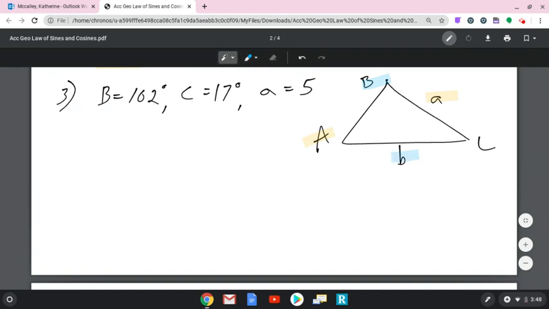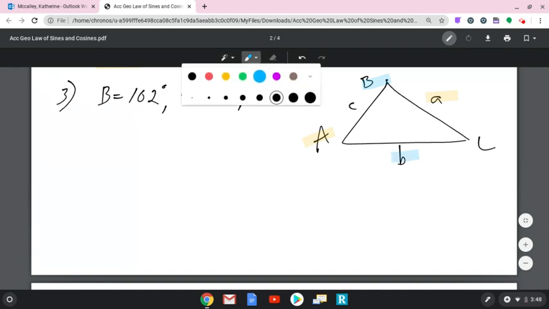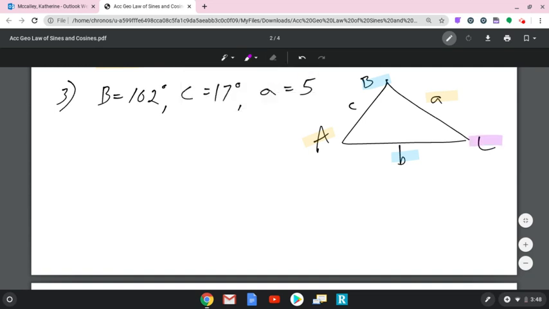Then again, C. Across from big C is little c. That's how you're going to construct your triangles when you are solving using law of sines. So now I can label my parts to make my life easier. I know 102 for B. I know C is 17. And I know a is equivalent to 5. And that's how I would look at it.